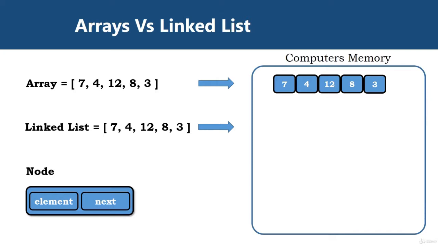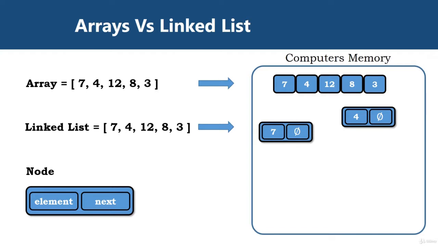So, to represent the same set of elements as a linked list, a node is created in the memory along with the data, that is 7 in this case. A link to the next memory location is null right now, which represents that there is no link right now. And then for the next element, a new node in the memory is created, which has the data as 4 in this case.